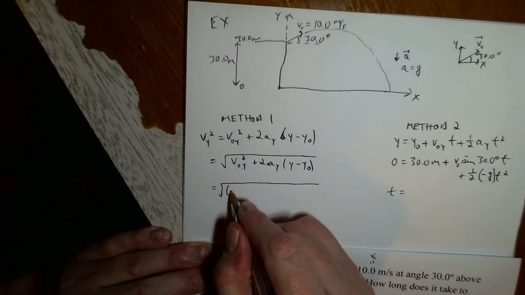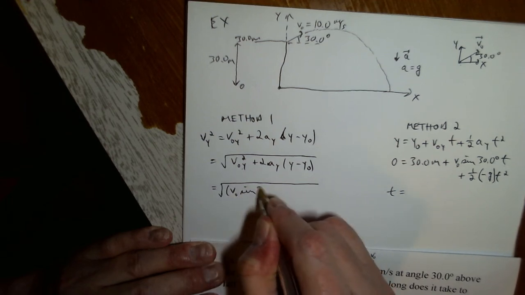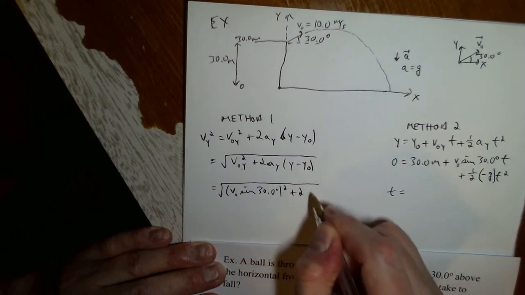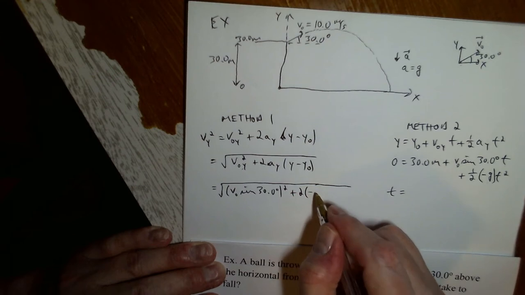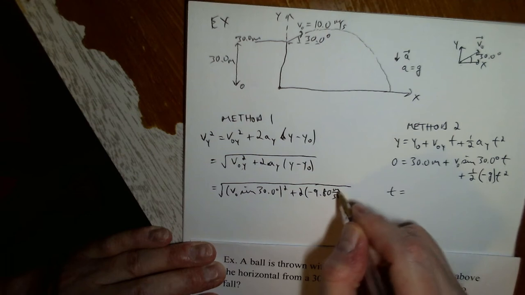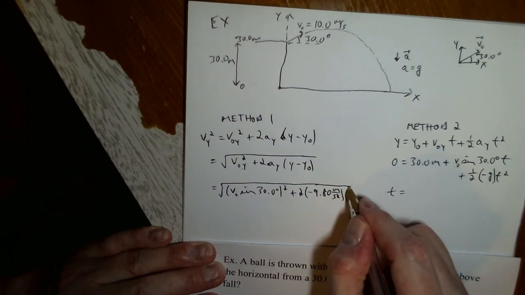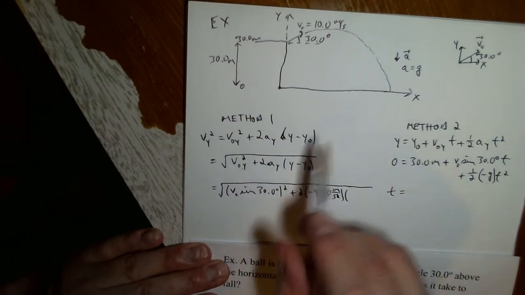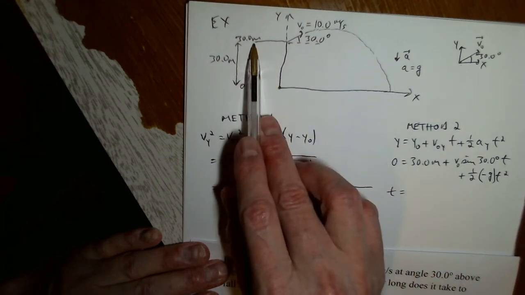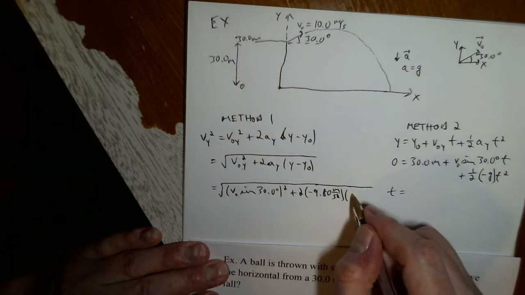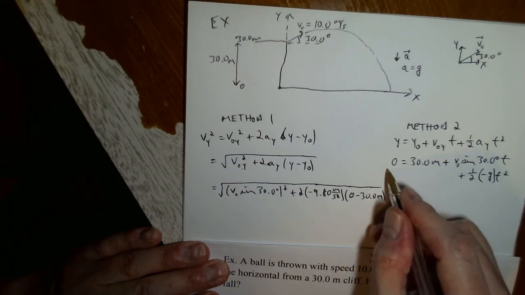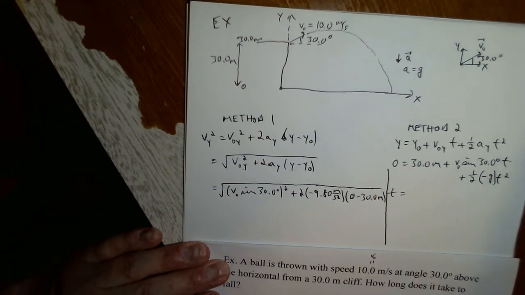So v sub naught y is v sub naught sine 30 degrees, and that's squared, plus 2 times ay, which is minus 9.8 meter per second squared, times y minus y sub naught. Remember y, the final y is 0, and y sub naught, the initial y, is the 30, where it started. So we've got 0 minus 30 meters.